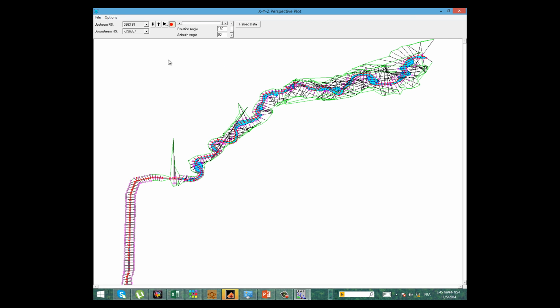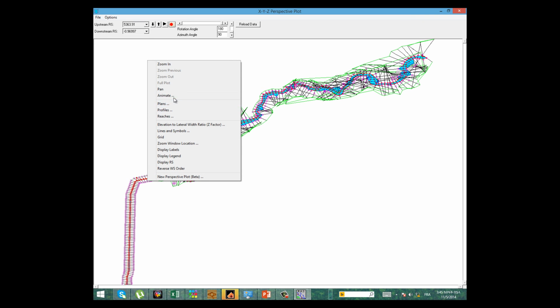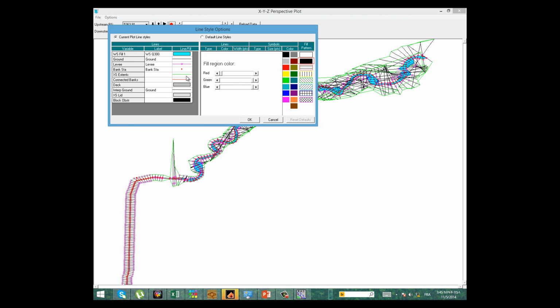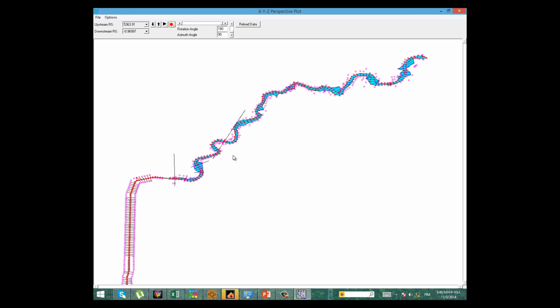Okay, you can see here the levees and the bank stations, so you can see clearly now this part and this part and this part are inundated.